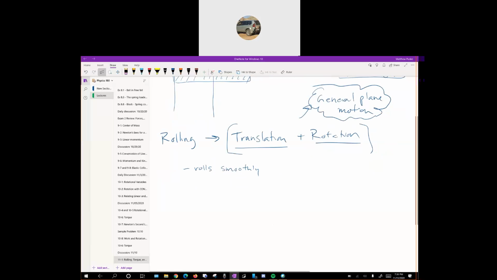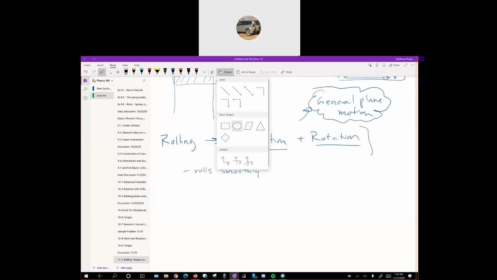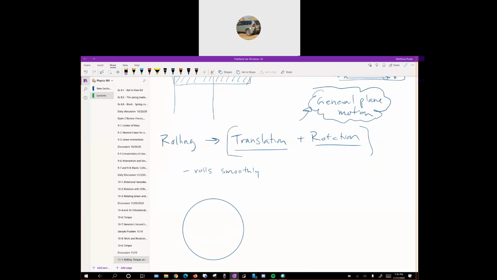Let's go ahead and get a circle drawn up. If we look at an object rolling on a surface, we can say the center of mass moves off at some velocity or some acceleration, right? And goes through some displacement. But some point up on the edge of the circle or the disk or whatever it happens to be, or anywhere on the inside, right?